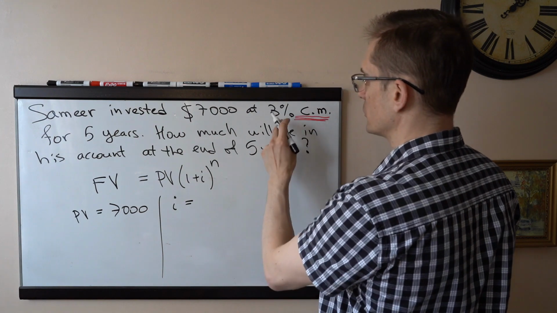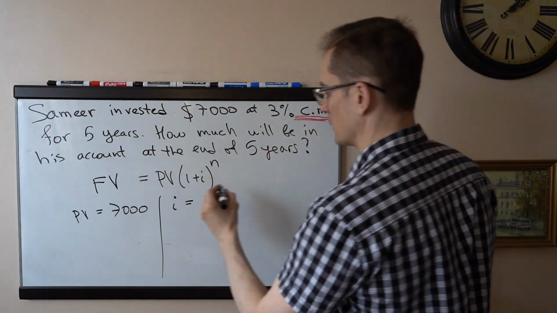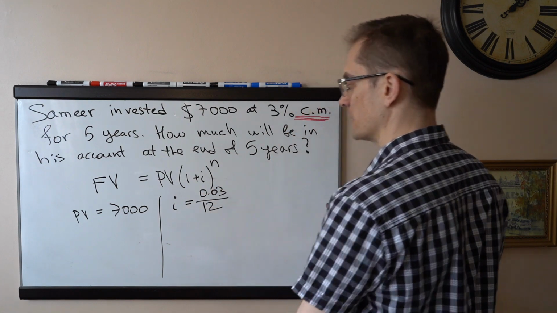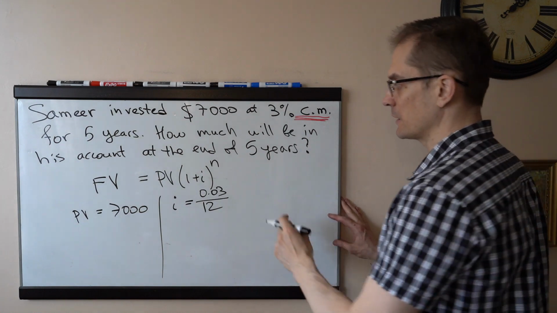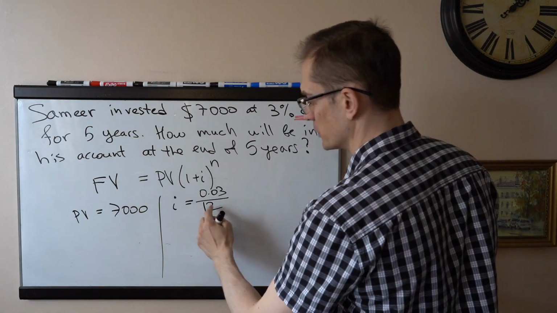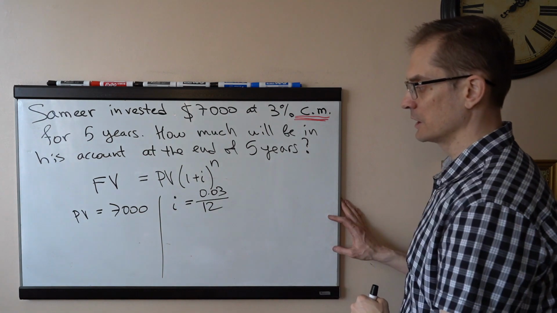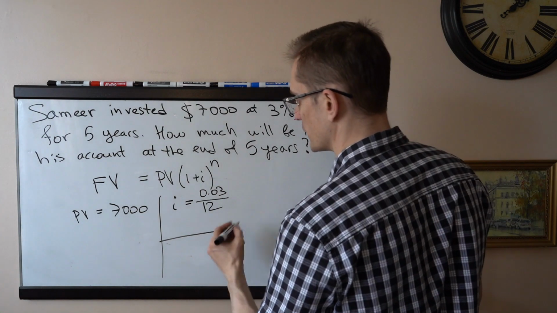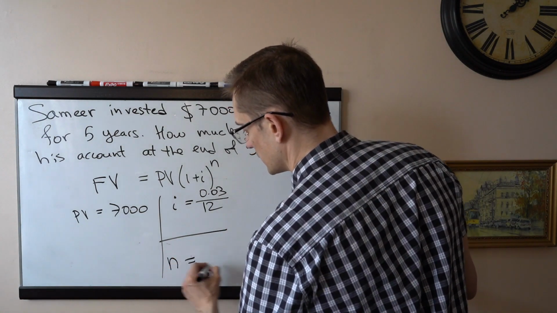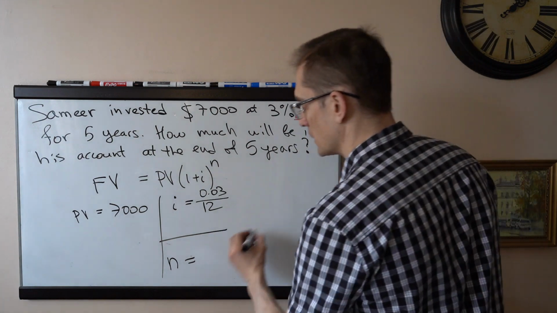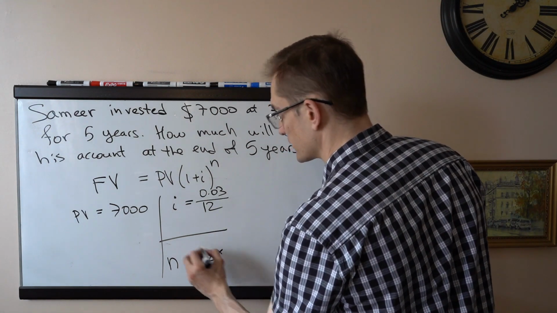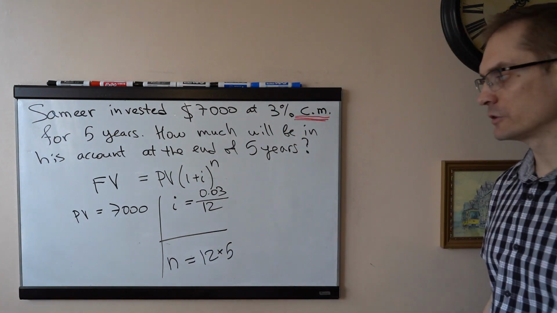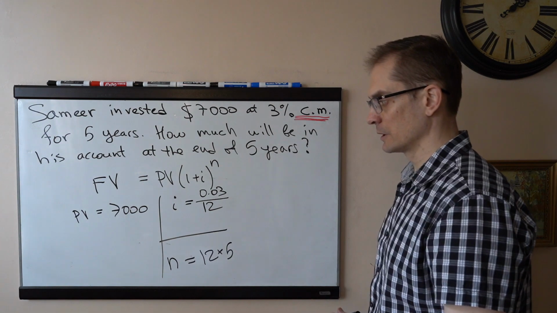We have a nominal rate of 3%, so we take 0.03 and divide it by 12, because there are 12 months in a year and the rate is compounded monthly. So the periodic rate is 3% divided by 12. Another thing we need is the total number of periods. Here n is 12 months in a year times 5 years, so 60 months is your total number of periods.